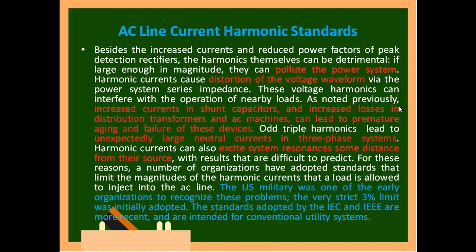So you might generate harmonics and inject them in a line, and a nearby person will get affected, with the result that it is difficult to predict. For this reason, a number of organizations adopted standards that limit the magnitude of the harmonic current that a load is allowed to inject into the AC lines. Based upon this, they faced so many problems, so they came up with the standards.